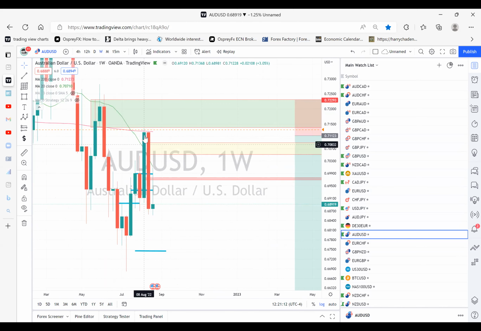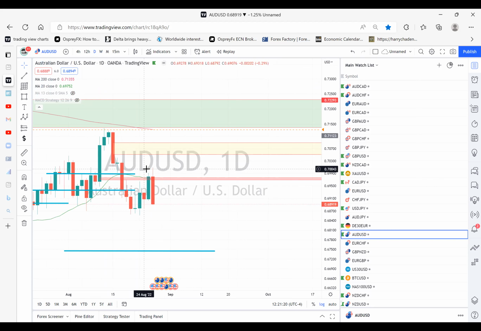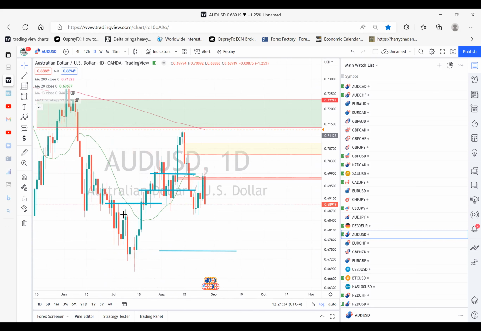Yes. We broke structure to the top side, we broke structure to the bottom side, then we came back in here. So on the daily, you can see it clearly. It came to this candle, and then it pushed down. Okay, I see it. So this is another pair that I think we can trade.